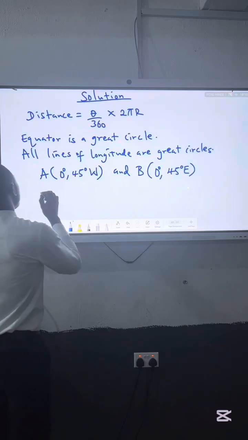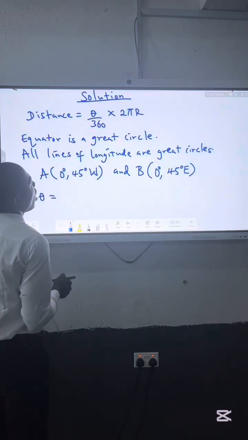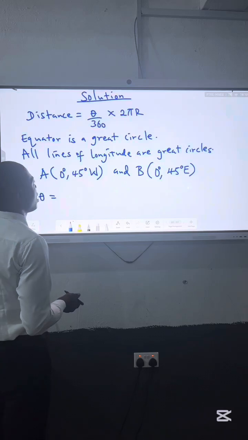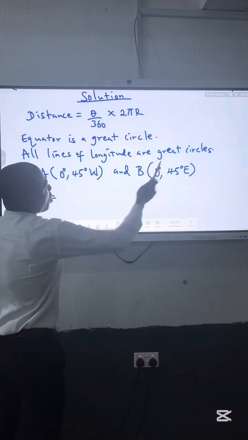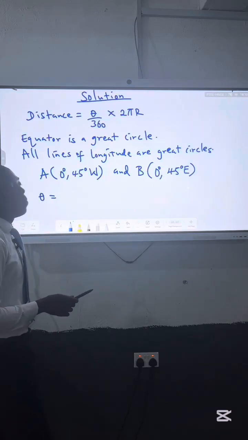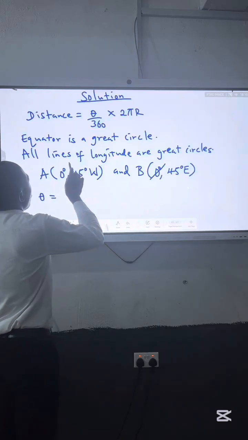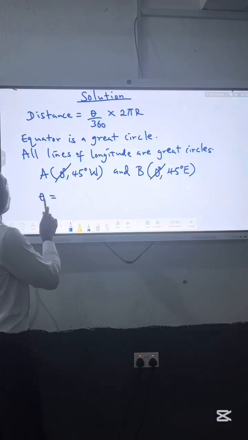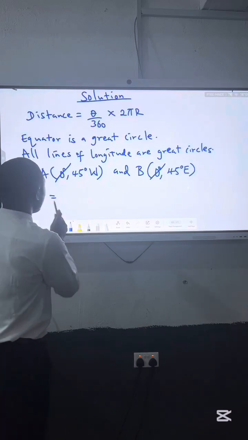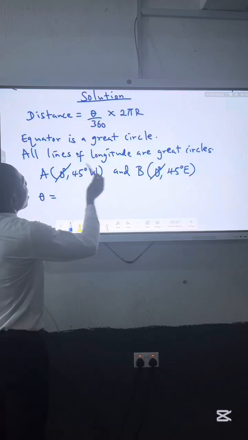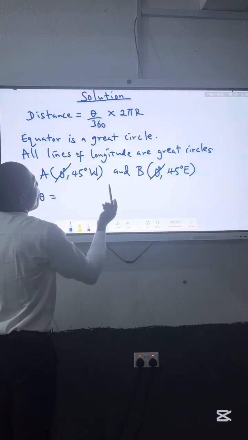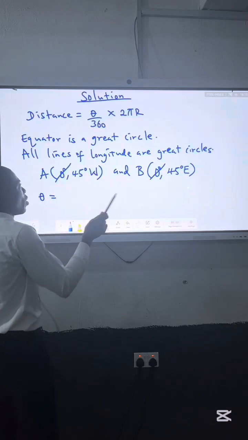Now, how do we find theta? Follow as I show you how to get the value of theta, which is called the angular difference. The things that are entirely the same, you cancel out. The 0 degrees are the same, so we cancel them.